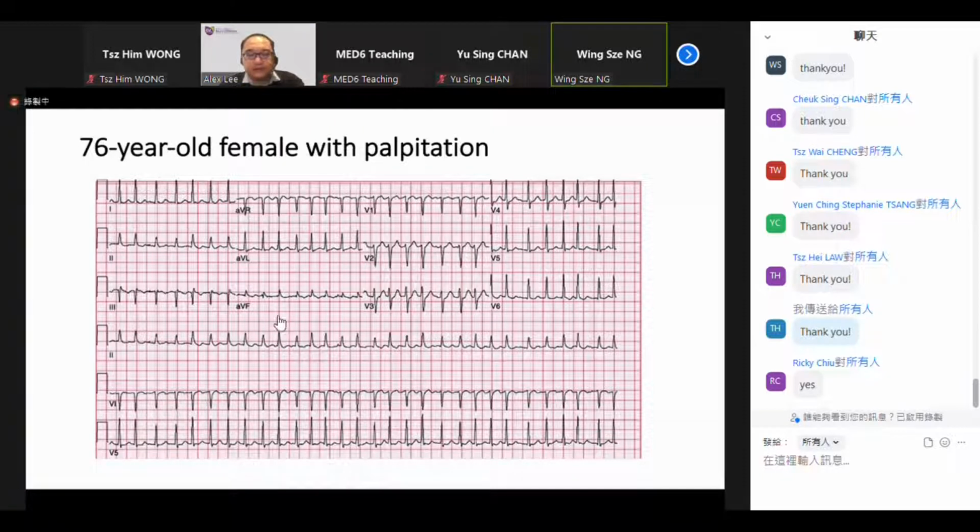So what do you think this ECG is? Would you like to comment on this ECG? Yes, on this ECG, the patient is tachycardic and irregular. So I suspect this is a fast AF. I cannot find any P wave. Okay, so what is the heart rate?